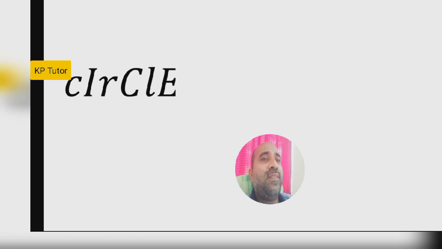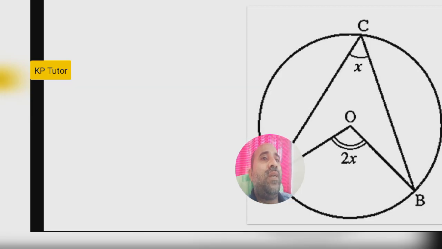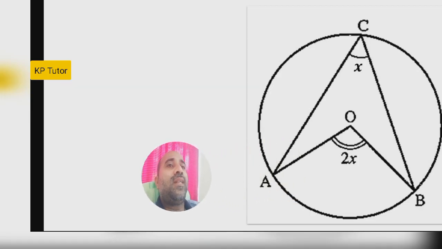But don't worry, this is very easy. For the first circle theorem, first you have to go through there are two types of angles. One is angle at the center, and another is angle at the circumference, or angle subtended at the center, and angle subtended at the circumference.